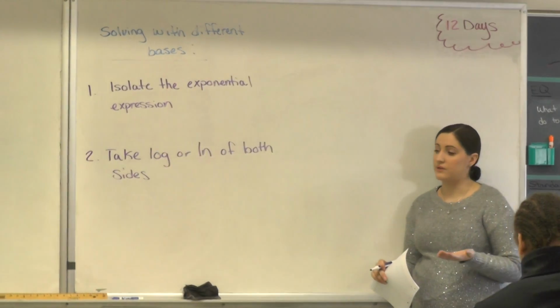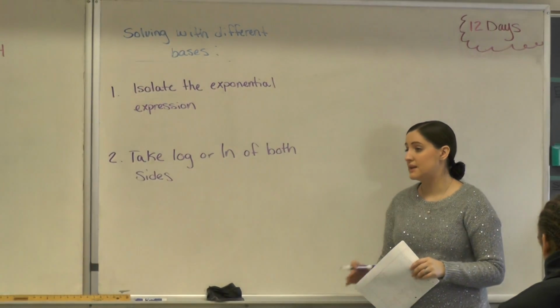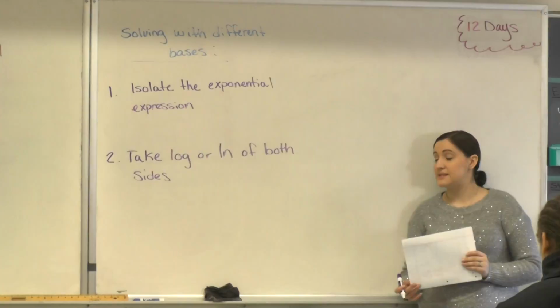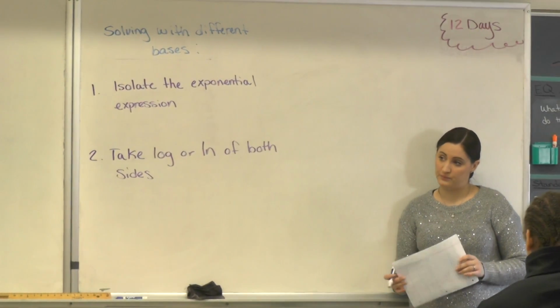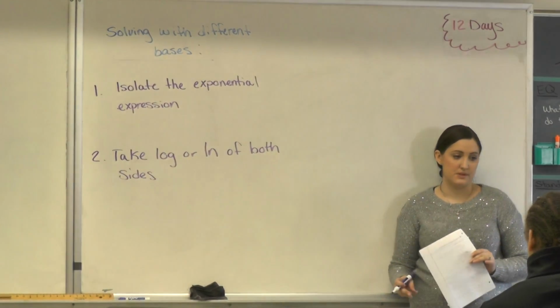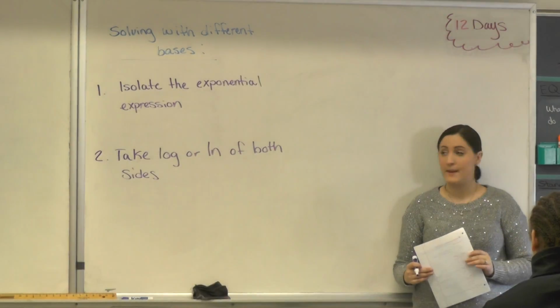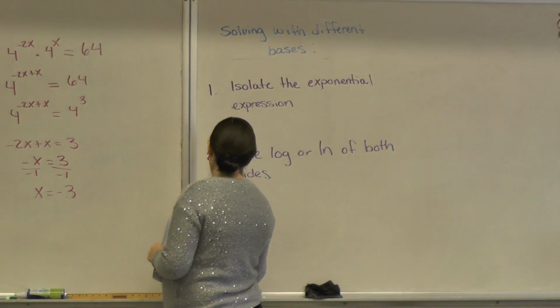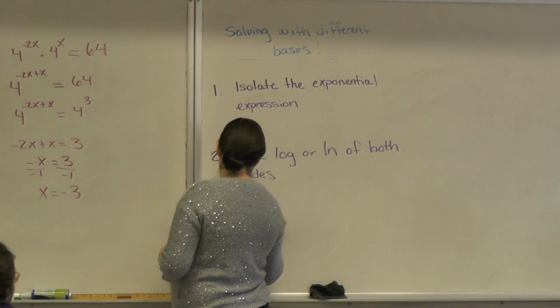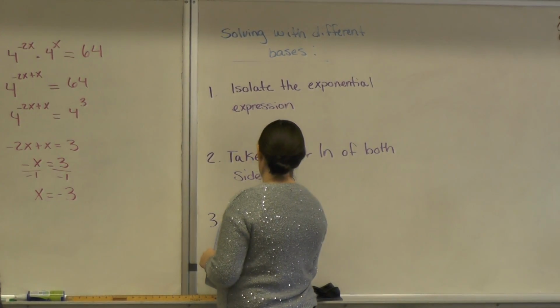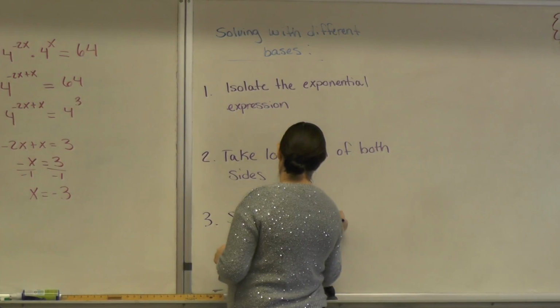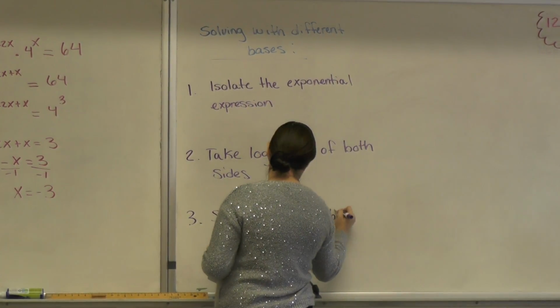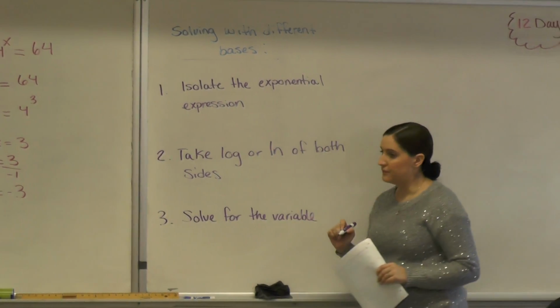You can use logarithm on both sides, or you can use natural log. Sometimes it works easier to use one or the other, and we'll see examples of that. And then step 3, solve for your variable.